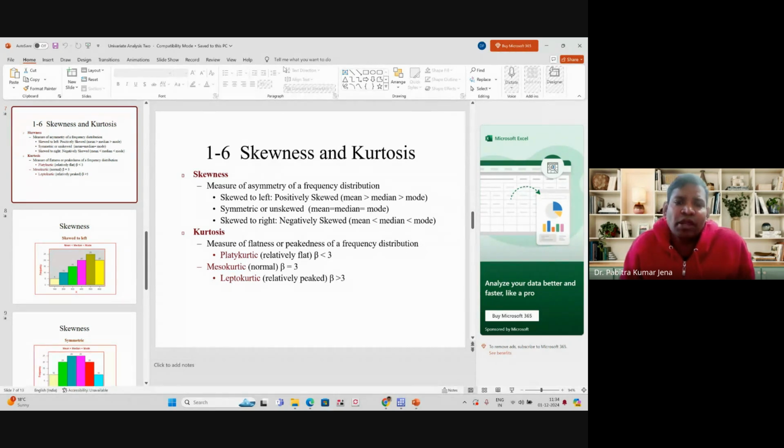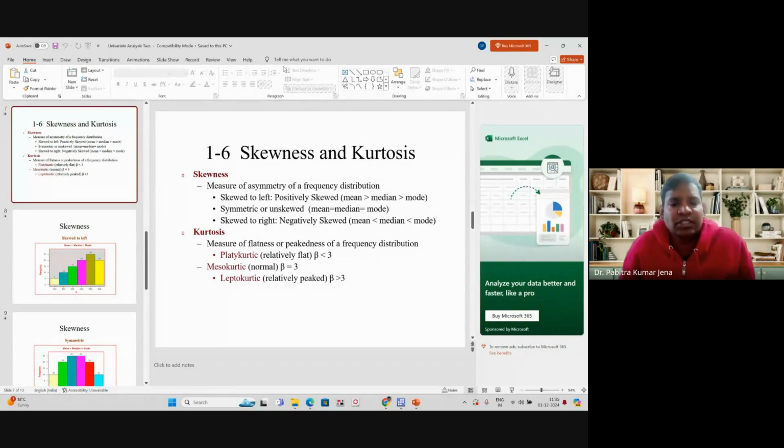If mean, median and mode are not the same, that is not a normal distribution, so you cannot apply OLS techniques there. It should be symmetric. If it is positively skewed or negatively skewed, you cannot use OLS techniques.